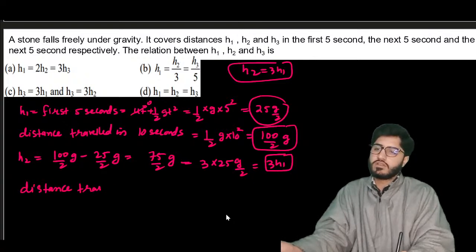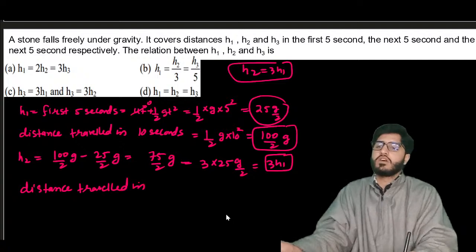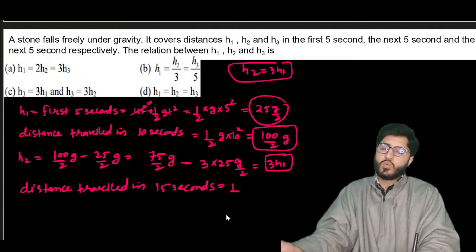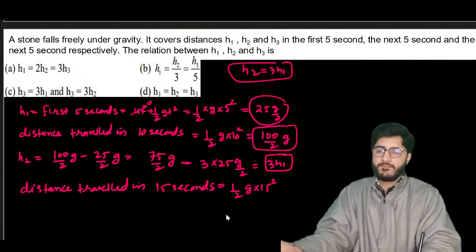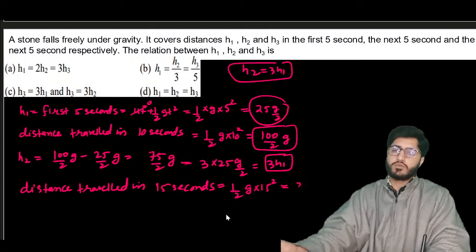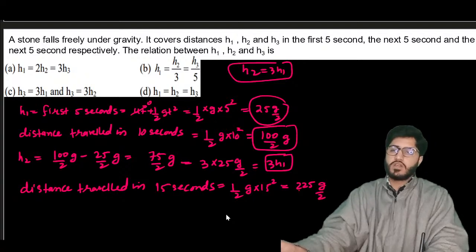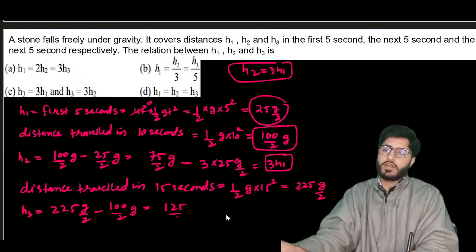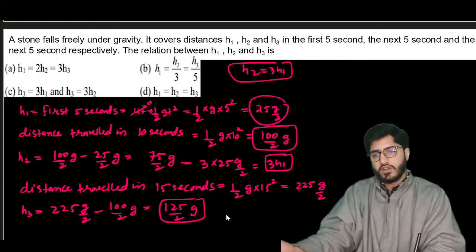Now distance traveled in 15 seconds will be 1 by 2 g into 15 square. 15 square is 225, so it is 225 by 2 g. But H3 would be equal to 225 g by 2 minus 100 by 2 g. It will give us 125 by 2 g, which equals 5 into 25 g by 2.